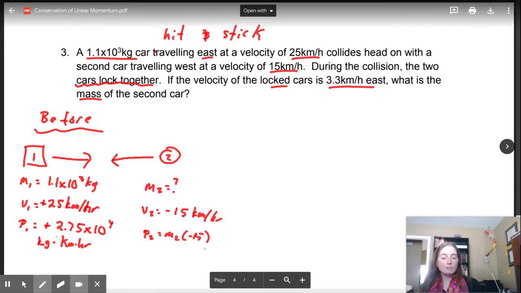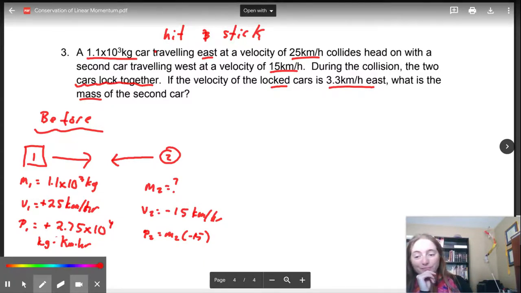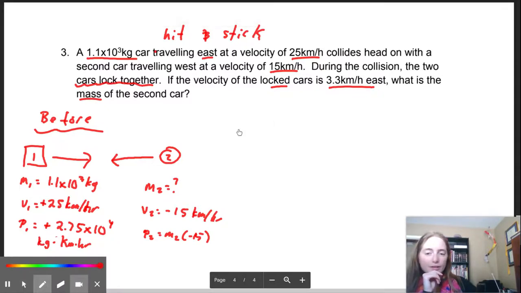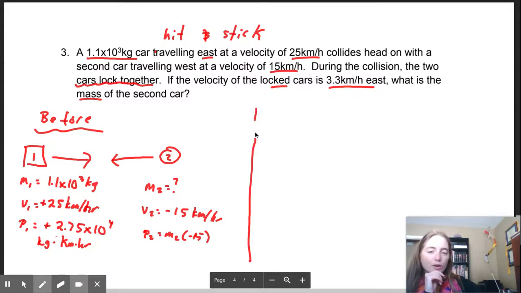That's the best we can do at this point. So I have calculated the before aspect as much as I can. I am now going to do my setup and calculate the after.